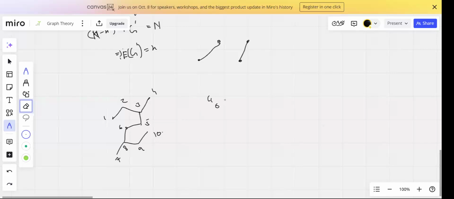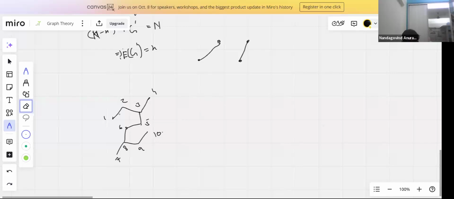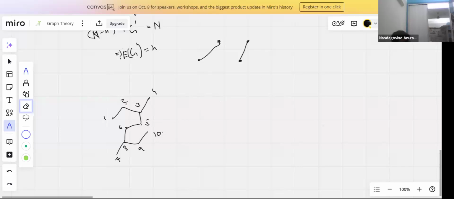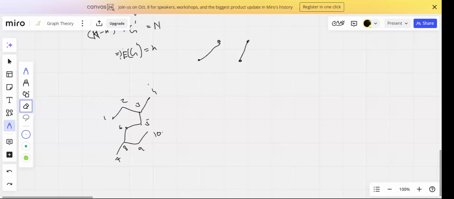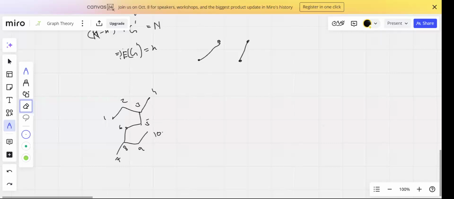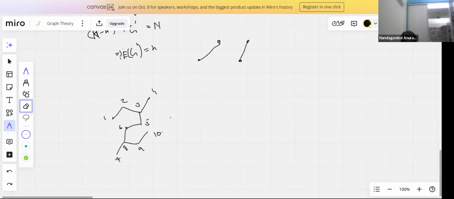Original graph means the graph in which these were the longest paths. So that graph will have a number of edges, but if these paths did not have a common vertex, then the number of vertices in this graph will be more than the original. Why?